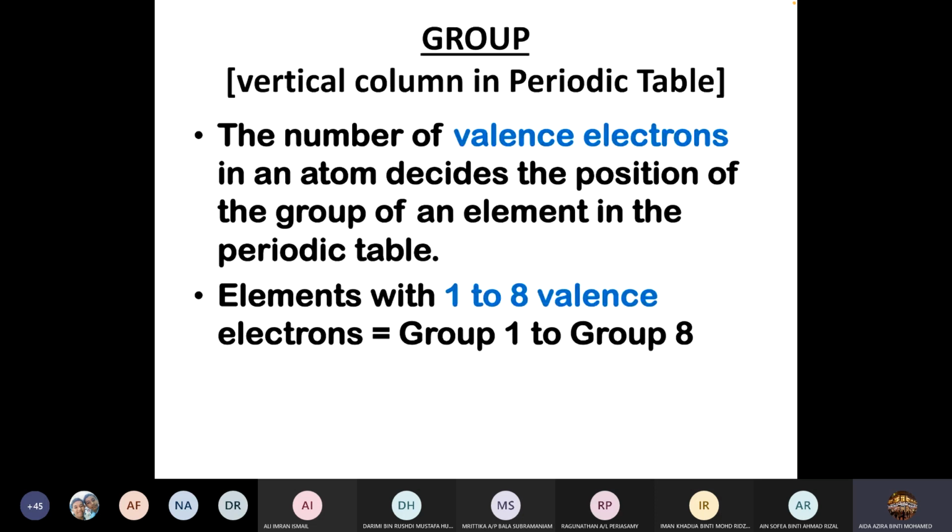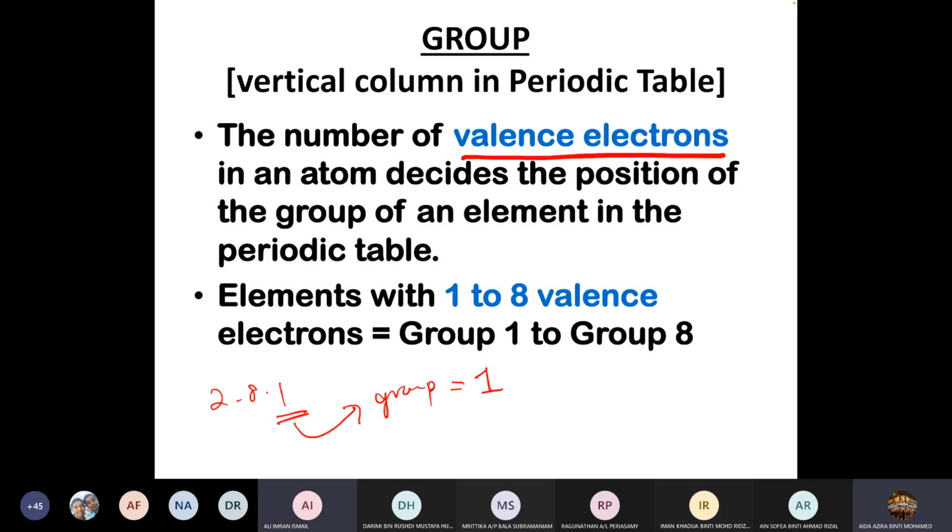First, the number of valence electrons in an atom will decide the position of the group. Take sodium as an example, it is 2, 8, 1. So how many valence electrons? 1. So we know straight away its group is group 1.